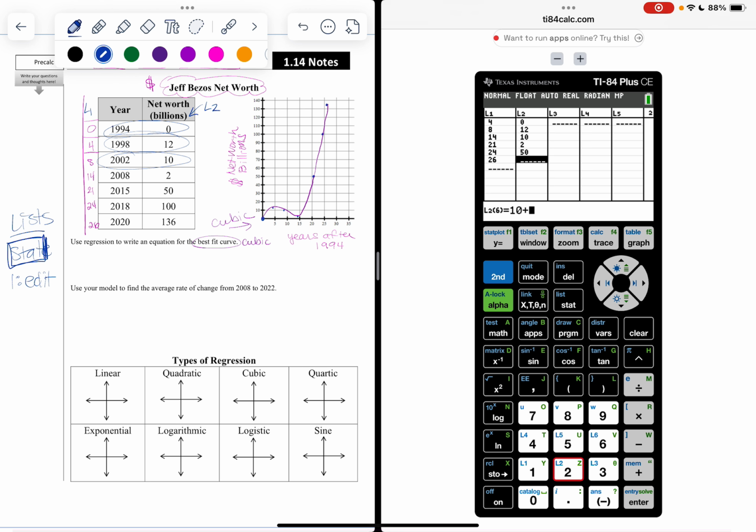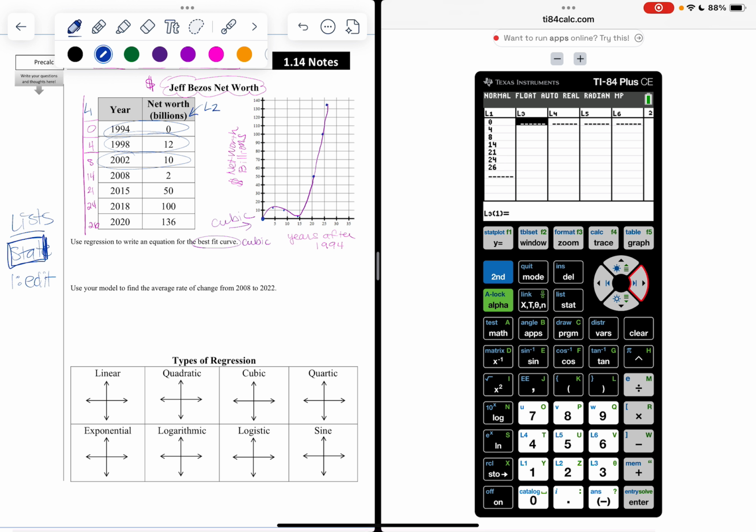Whoops, I've got to fix it. It told me I did something wrong, and I'm also missing something, so let's try again. My list 1 is off. That's a problem. So let's try 0 again. I have to make sure that my data is right: 4, 8, 14, 21, 24, 26.